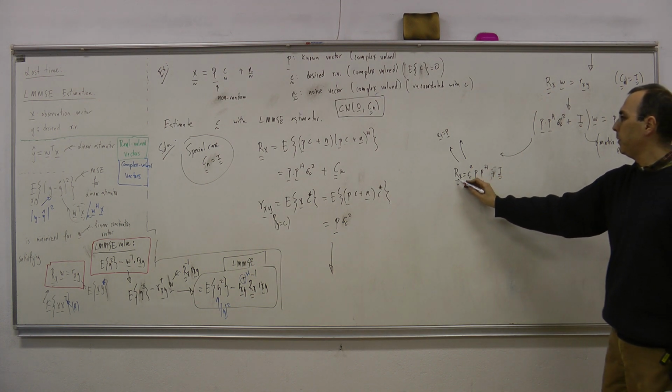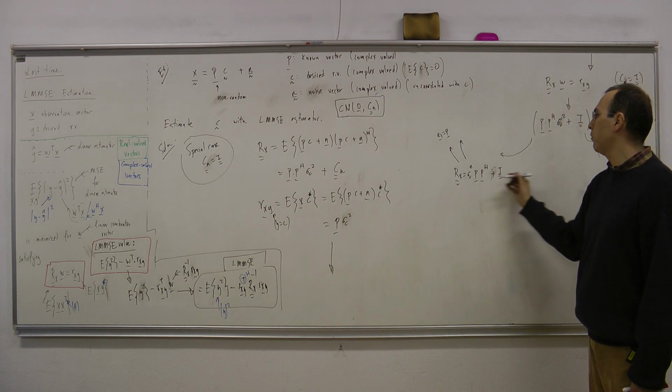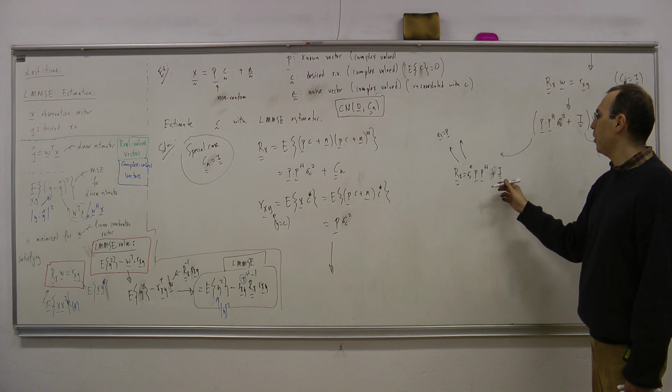If I multiply Rx by P from the right side, what do I get?